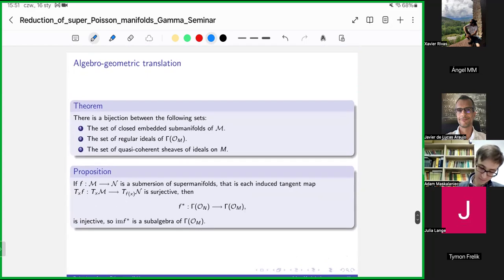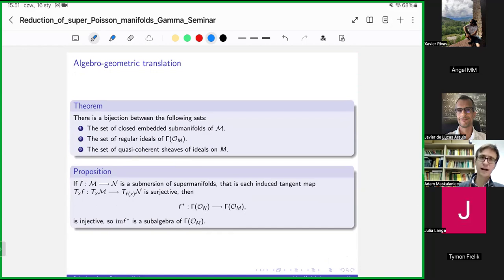At first, we have the following theorem: there is a bijection between closed embedded submanifolds of M, both in the case of smooth manifolds and supermanifolds, and the set of regular ideals.